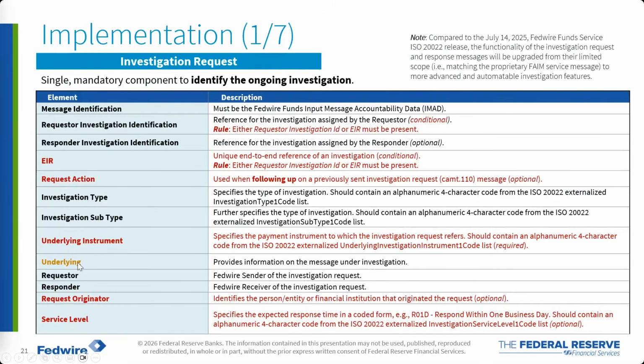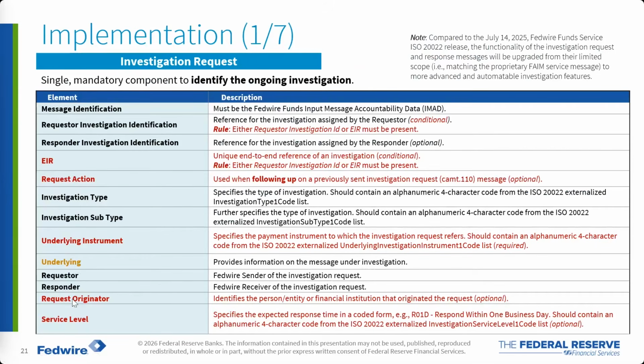Underlying, which is where you identify the message that is under investigation, is slightly changing, identified with an amber coloring here. Then you have the requester and responder, which is the sender of the investigation request, your Fedwire sender and Fedwire receiver. And then we have 2 more elements that I will cover here. Both of them are optional.